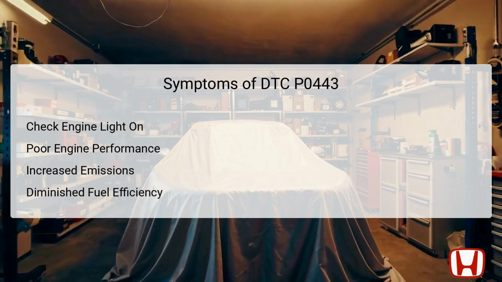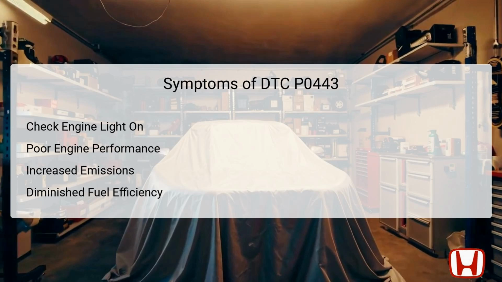Symptoms associated with DTC P0443 may manifest in several noticeable ways. The most immediate indicator is the illumination of the check engine light, CEL, on the dashboard, alerting drivers to the issue. Additionally, drivers might experience poor engine performance due to improper fuel vapor management, leading to stalling or rough idling.